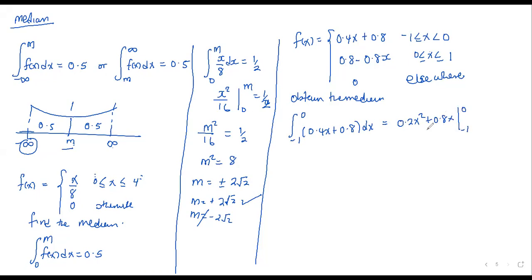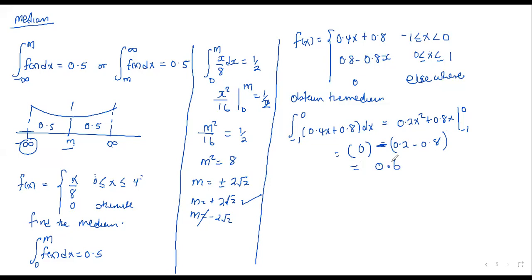When you put in 0, you get 0. When you put -1, you get 0.2 minus 0.8. But this one is going to be subtracted off because it is coming from 0 minus. So this will give you a positive 0.6.